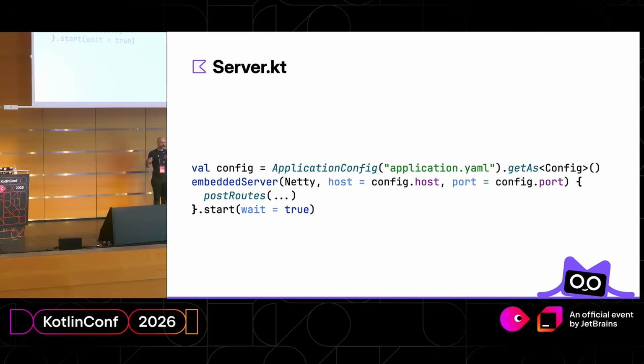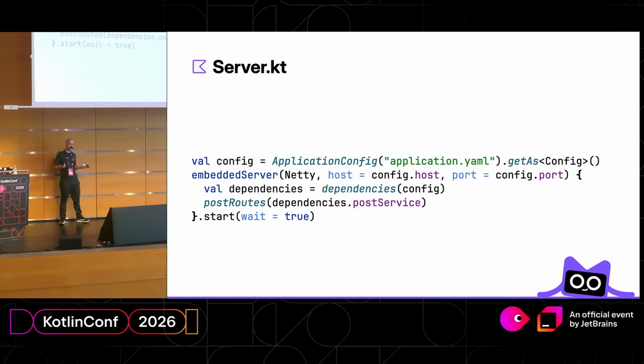So we were setting up our routes right in our embedded server DSL. And where are our dependencies coming from? Also from within the application DSL. But I do not want to couple setting up my routes and my server with bootstrapping of my production server and creating my production dependency graph.